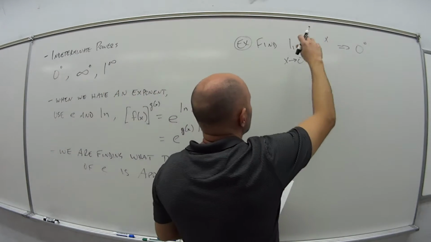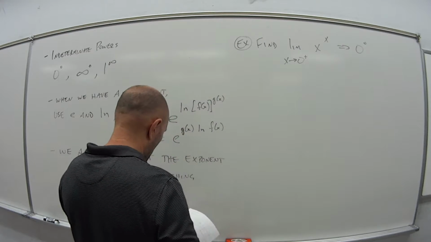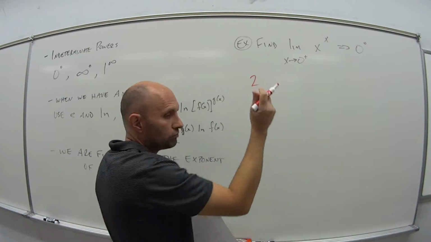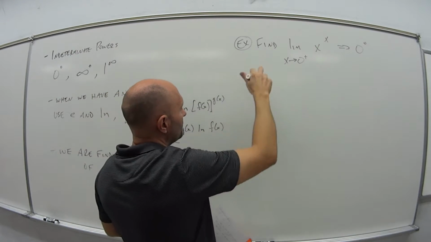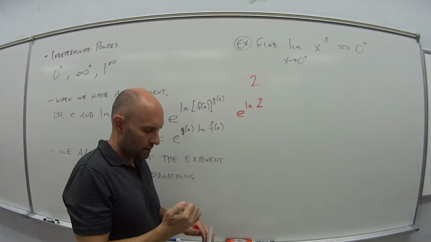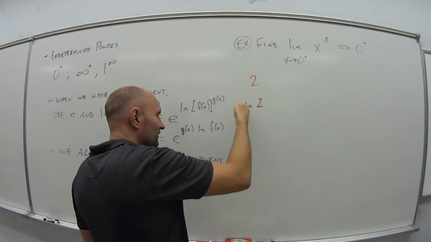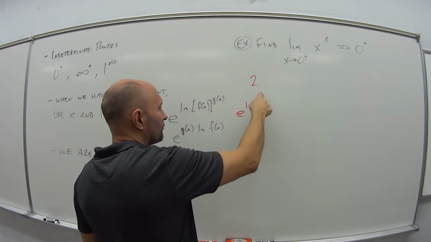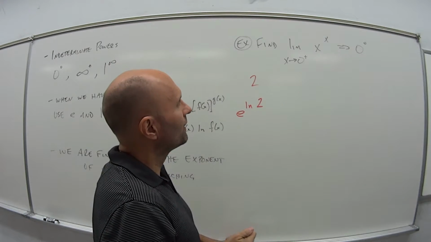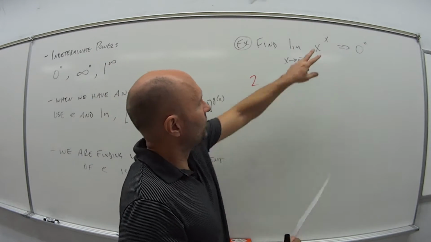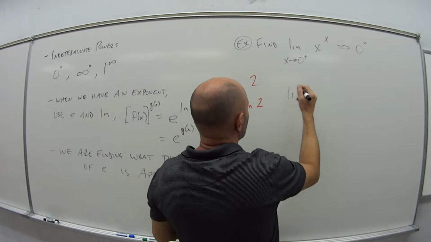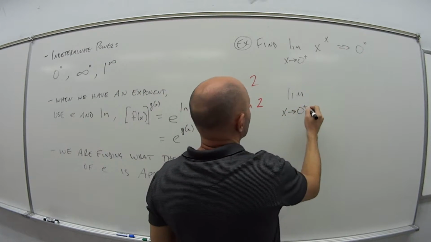But I can rewrite this, so let's think back for a second about why I'm able to do this. If I have, let's just say, the number 2, I can rewrite this as e to the natural log of 2, because e and the natural log function essentially cancel each other out, and I'm just left with 2. That's all I'm doing here, rewriting this expression using e and natural log. So I have the limit as x approaches 0 from the right side.